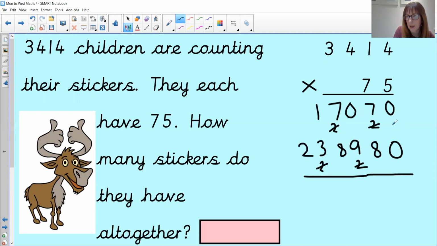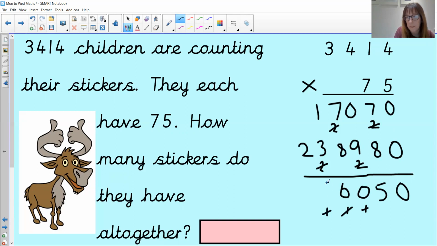So let's add these up now to find our answer. So 0 add 0 is 0. 7 add 8 is 15. 0 add 9 is 9. Add the 1 is 10. 7 add 8 is 15. Add the 1, 16. 1 add 3 is 4.